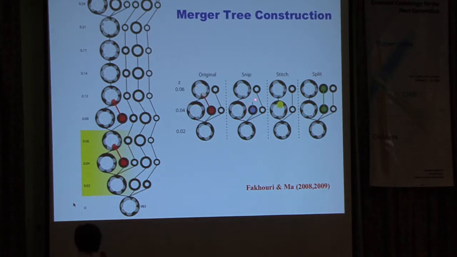Okay, so effectively they are snipping this link. However, we are worried about this, because if you didn't do anything to the Millennium subhalo catalog, you would be constructing a tree based on this mechanism.